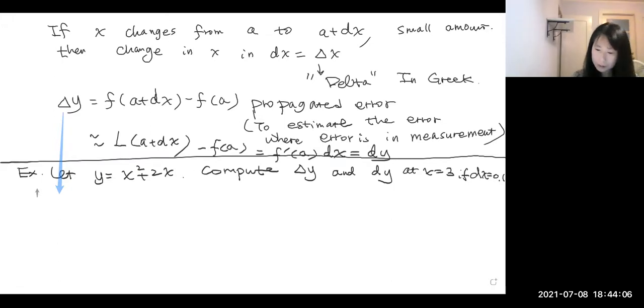Dx is the same as delta x, the change in x. In this case, it's 0.1.